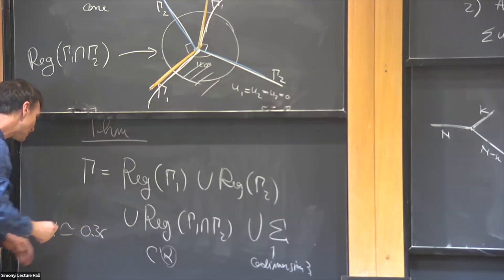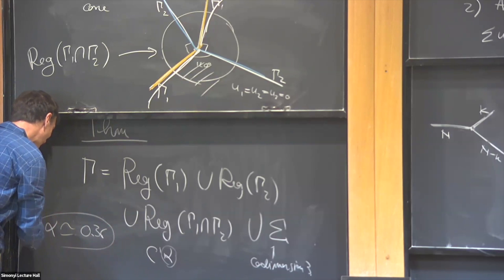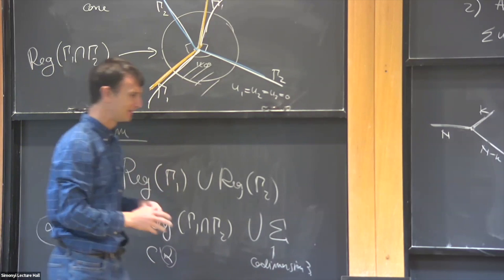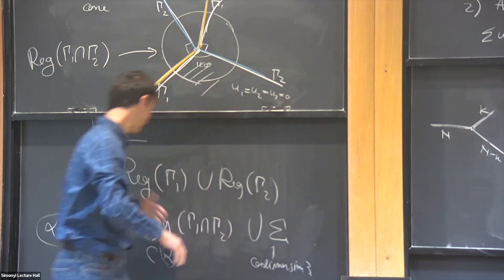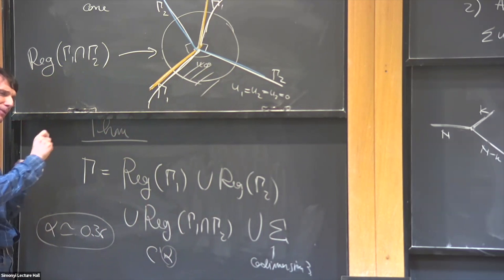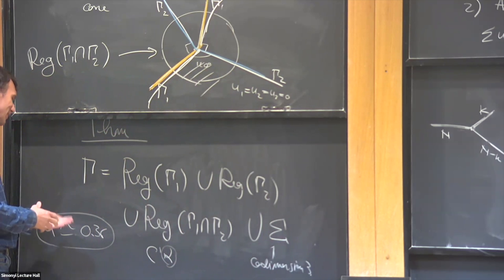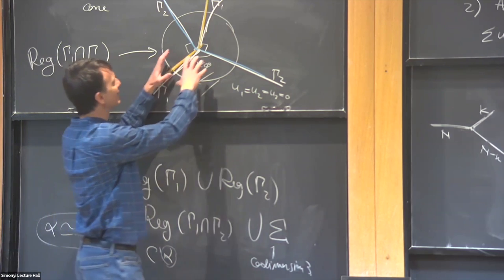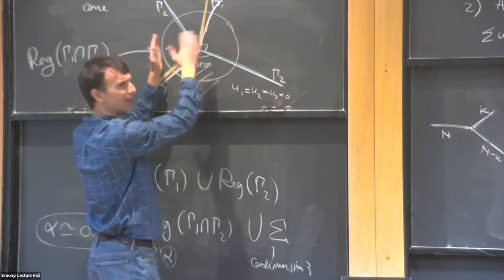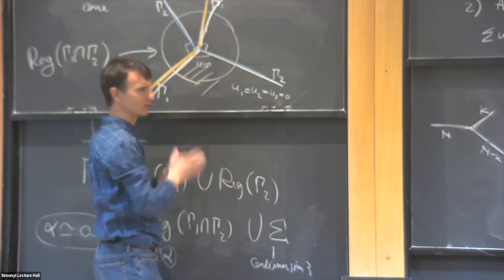So it's somehow interesting that the value of alpha is some number between 0 and 1 and cannot be improved, and it comes from studying some spectral problem for the linearized equation of this configuration.